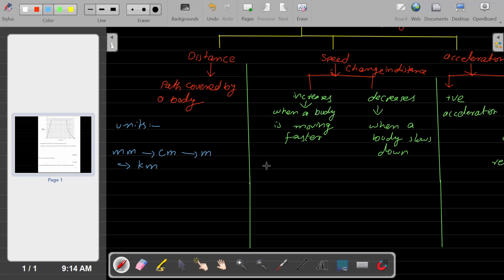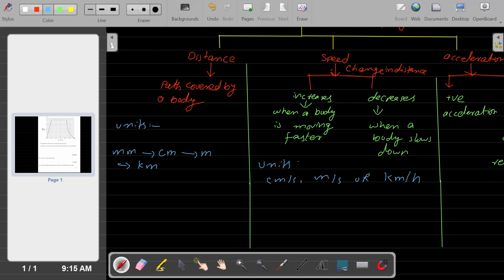And for speed, the units are centimeter per second, meter per second, or kilometer per hour.